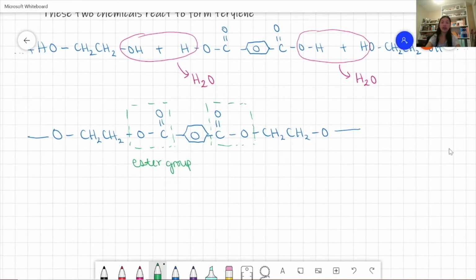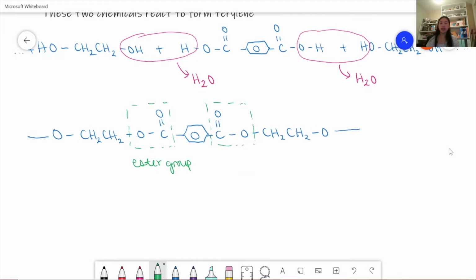And we can actually work out the repeating unit of this, because what we do is start here, and then we just go along from left to right and see when we start to repeat ourselves. And you'll find that it's over here.